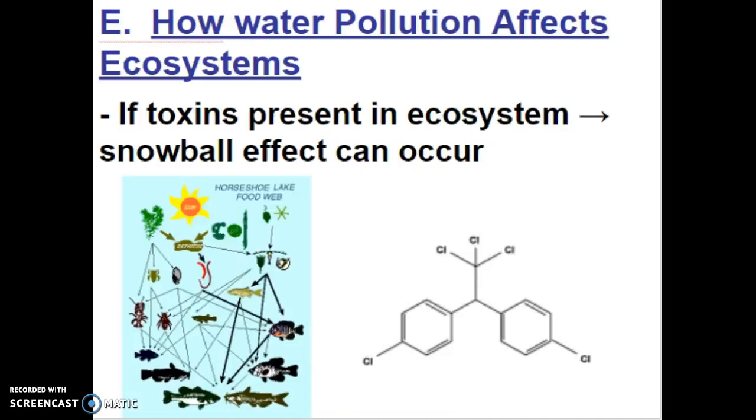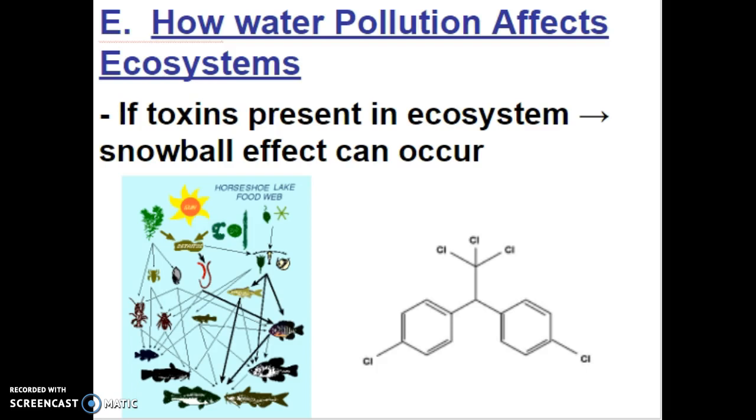So why do we care? Well, we don't want our freshwater resources polluted because it really does affect not just people, but the whole ecosystem. So if toxins are present in the ecosystem, in some cases we can get kind of a snowball effect occurring. In the 1950s, a pesticide with the name of DDT was often used on farms. It was a great pesticide, killed everything, all the insects, no bugs in our crops.